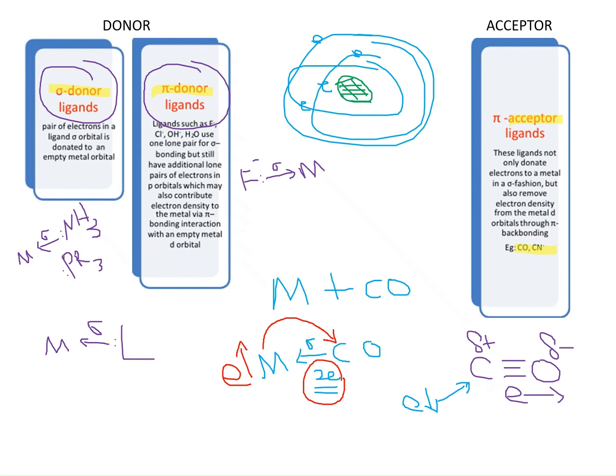Now, when an electron is given to an element, it will have to be placed in an orbital. The electron cannot just float anywhere.